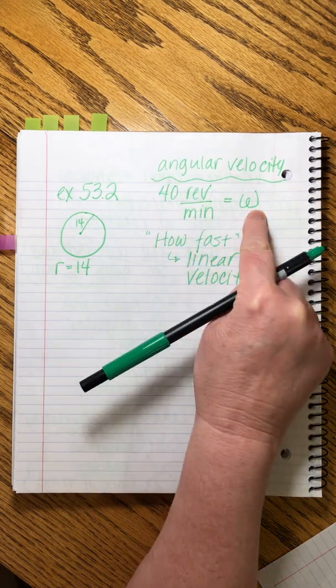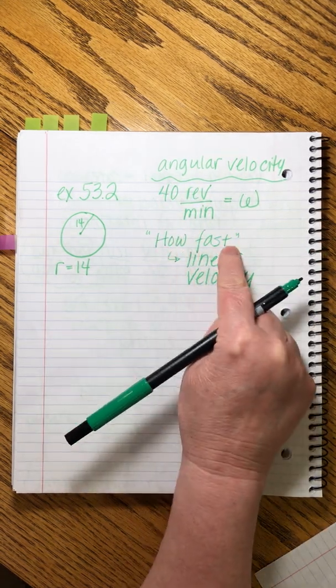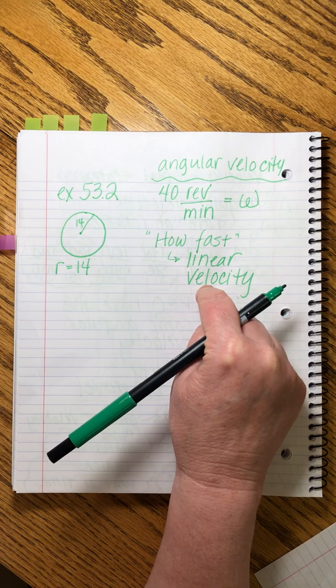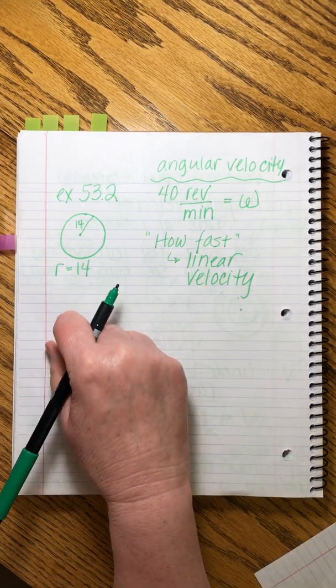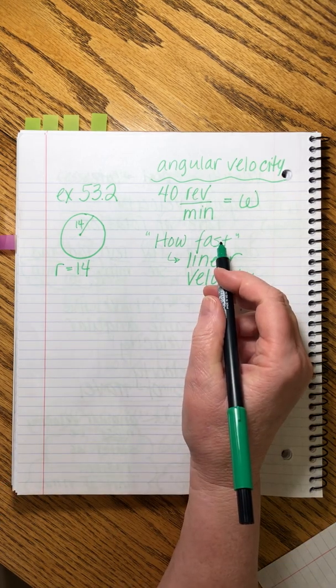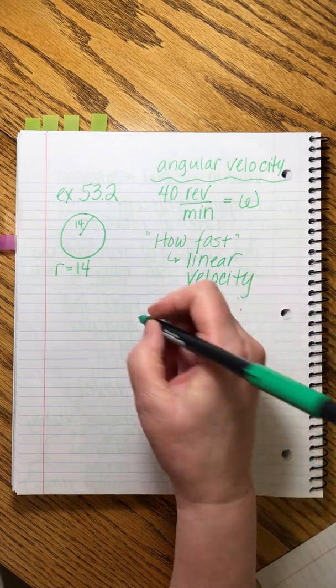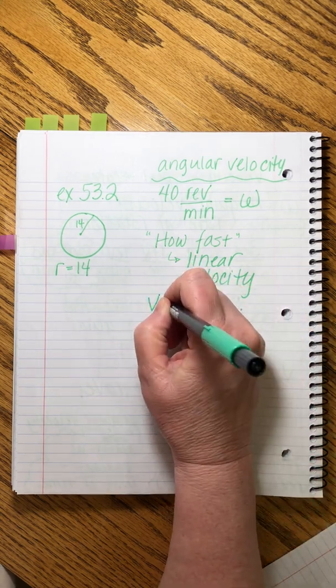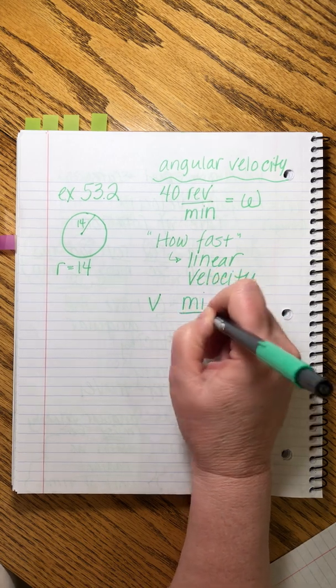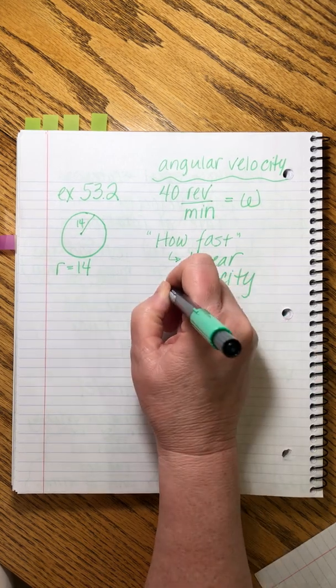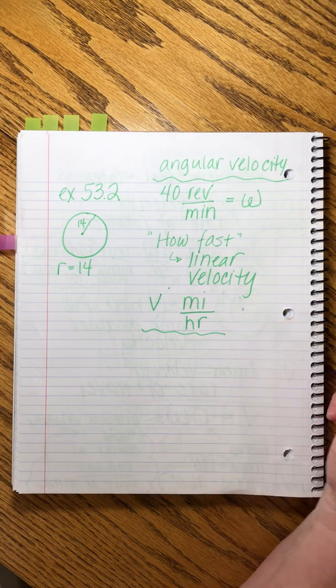Angular velocity is a rate. How fast is linear velocity? It's a speed or a rate of travel. So linear velocity is what we're trying to find. We're trying to find V in miles per hour. That's how we want to state our answer.